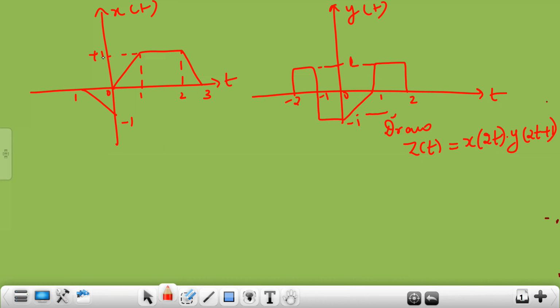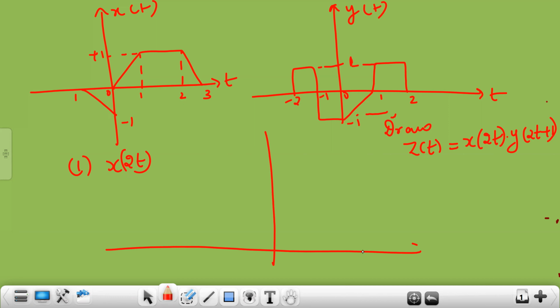Now, first we will be plotting x of 2t. Hope you have taken down. Whether the signal is going to be compressed or expanded? X of 2t is a compressed signal, because you are multiplying t by 2. The multiplication factor is greater than 1.